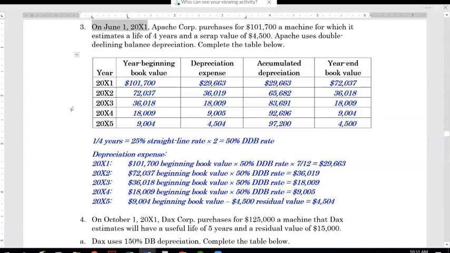So in year one, you used June, July, August, September, October, November, December. That's 7 months. So you cannot depreciate more than 7 months, obviously, right? So here we go. We can say, okay, that's 7 out of 12 and equals 29,663. And that's what we're going to use as a depreciation expense, 29,663.